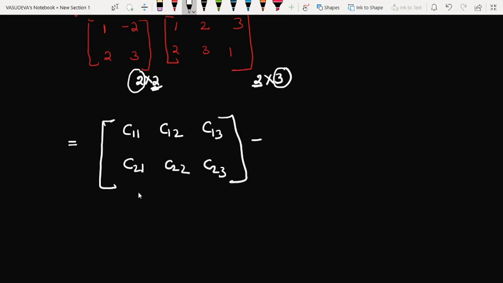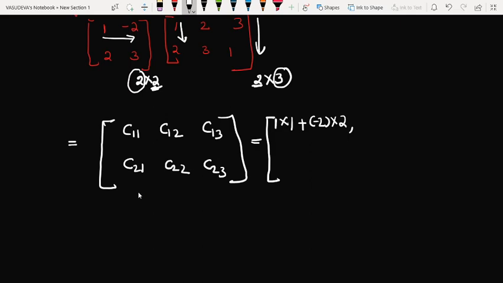So now if you write this, taking the rows and columns, taking the first row and the first column, 1 into 1 plus minus 2 into 2. That is the sum of the products of the elements of the first row and the first column.